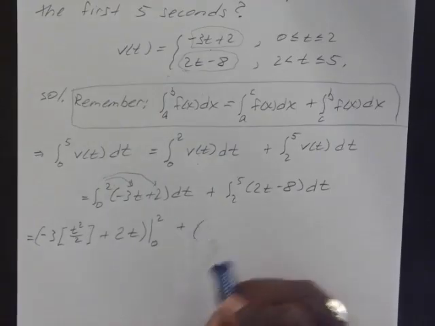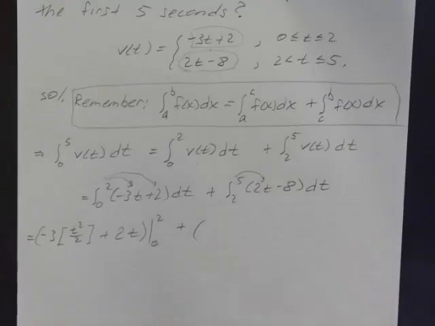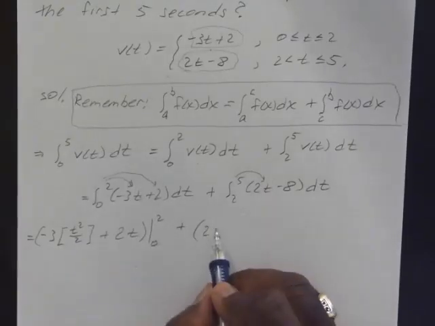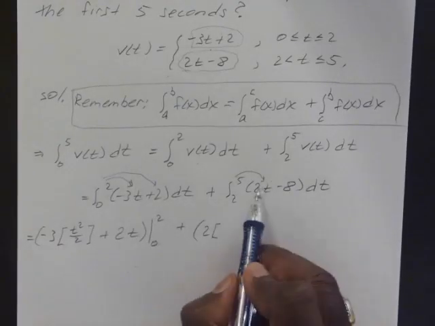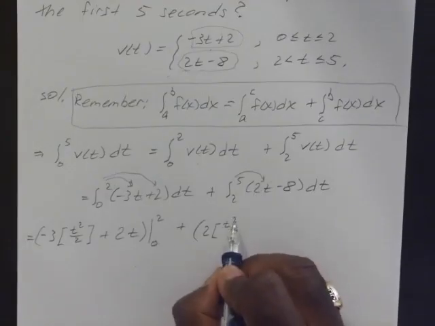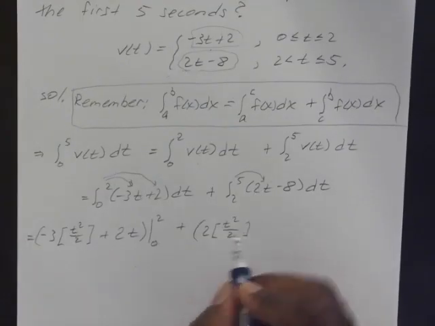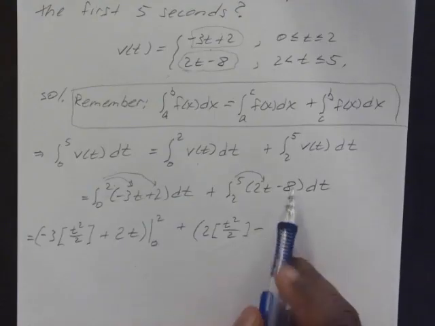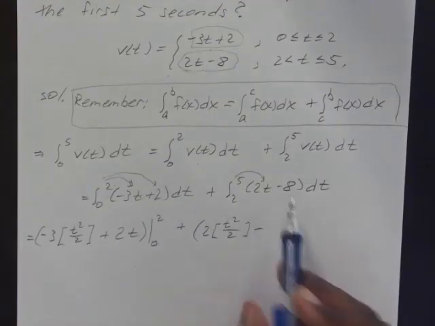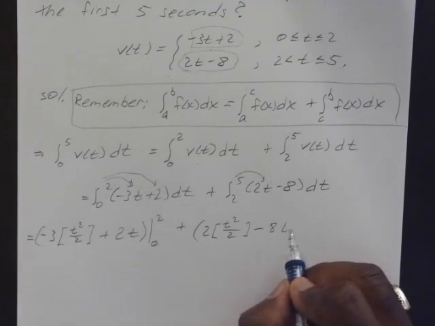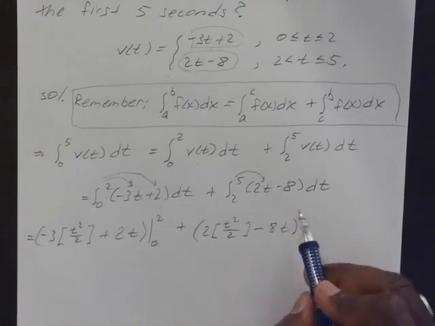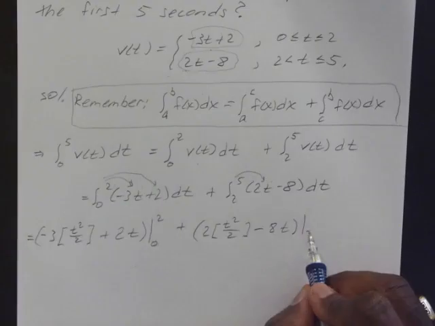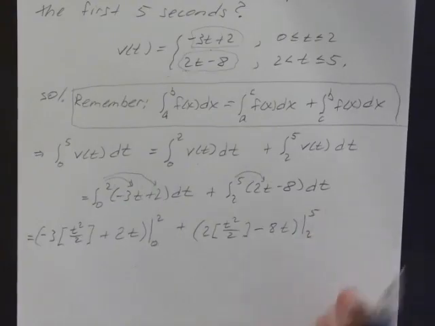Plus the integral of 2t. Well, if we factor out the 2, the integral of t is once again t squared over 2, minus the integral of 8, which is 8t. And that's from t equals 2 to t equals 5.